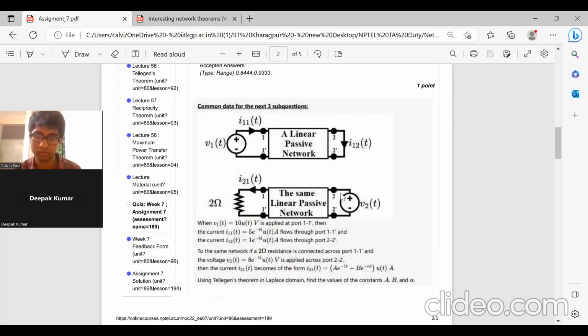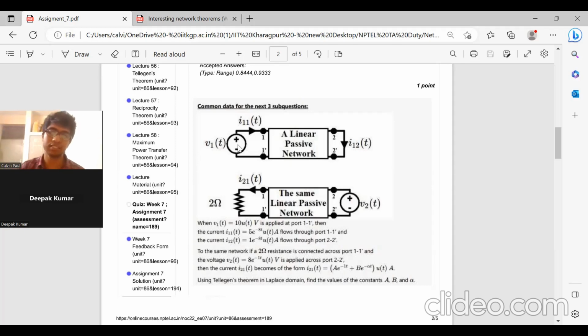That's all. What is I21 of s? This is I12 of s, this is I21 of s. They are different.